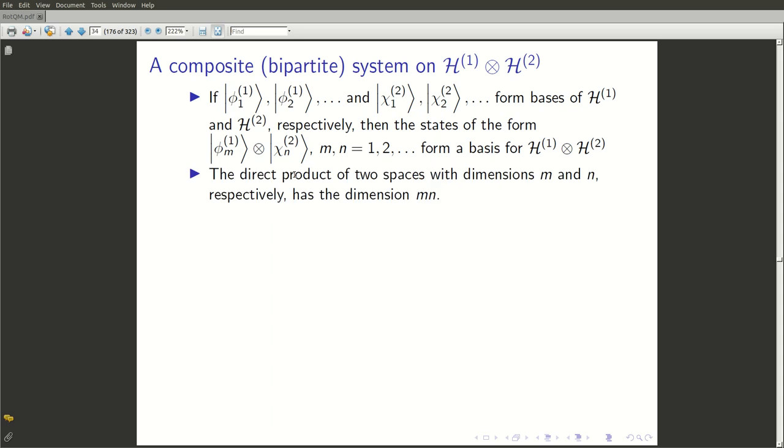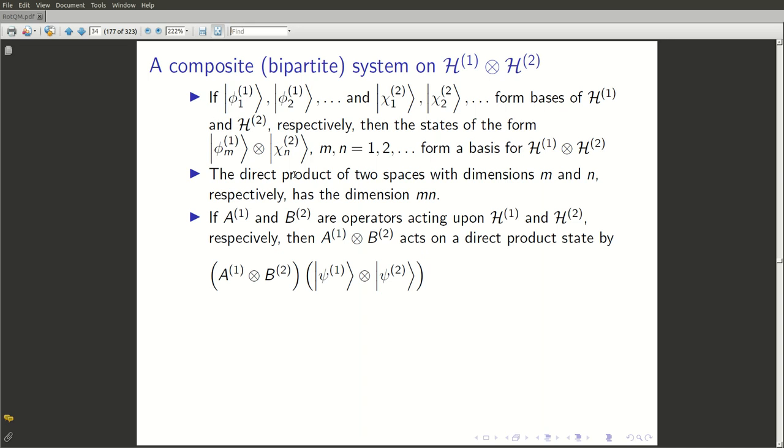And it's easy to see that if H1 and H2 have dimensions m and n respectively, then there are mn such direct product states which form a basis, and so the direct product space H1 ⊗ H2 has dimension mn. Now what about operators?